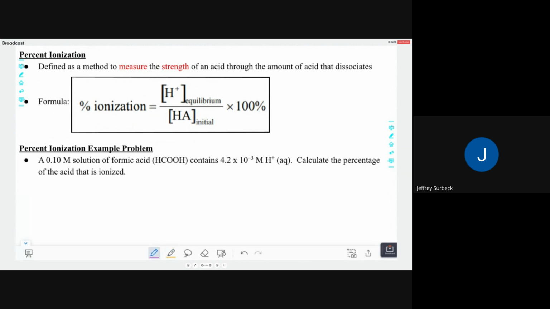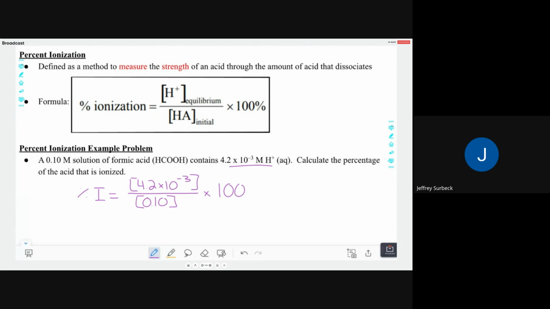Our percent ionization, I'm just going to say percent I, is equal to the amount of H plus that's ionized. So we have 4.2 times 10 to the negative third, all divided by the original acid concentration, which was 0.10. And then, because it's a percent, we multiply by 100.